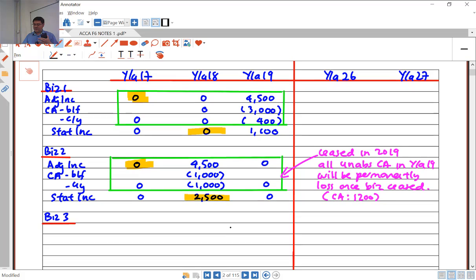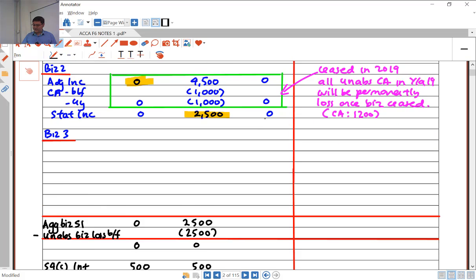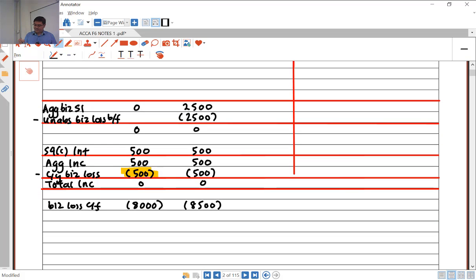Again, you notice that 2019 is 1,010. So you have aggregate 1,001. Then you utilize the 1,001, so left is 0. And you do have interest 500. So the aggregate is 500, and you do have current year business loss, and that business loss is 500 as well, so 0.